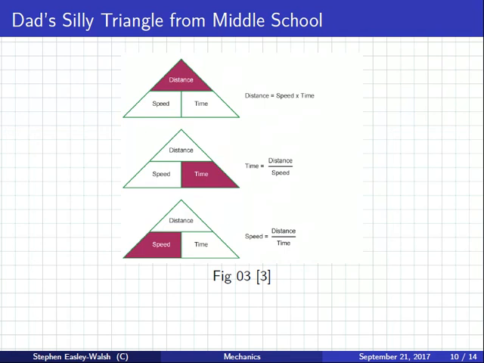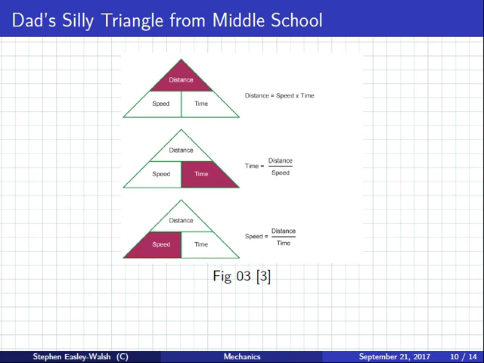Does anyone know the requirement, the criteria? Like, when can you use this triangle? We have 2 of them. True, and something else though. What I mean is something about the motion. Constant what? Oh, you should have gone with what you were about to say. Constant speed.